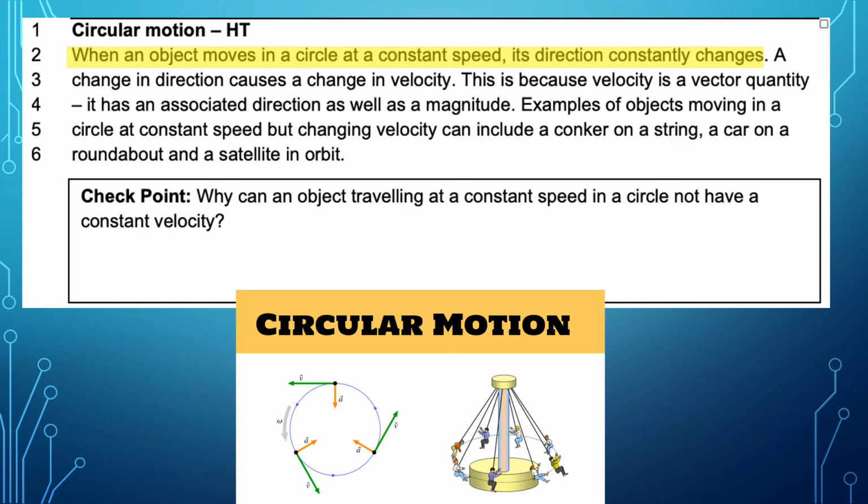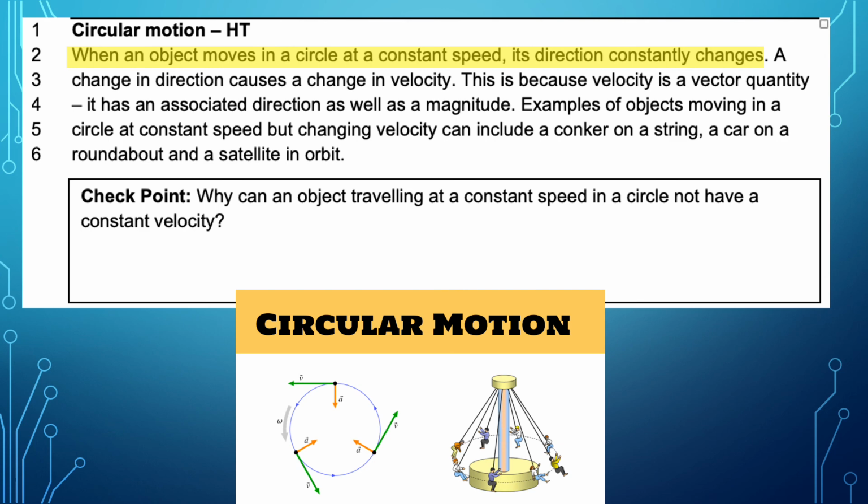Examples of objects moving in a circle at constant speed but changing velocity can include a conker on a string, a car on a roundabout, and a satellite in orbit. So that's probably the most common one that you're going to see, which is orbiting. But like I said, this is almost A-level physics, and once you actually understand the physics behind what keeps something in circular motion, like centripetal force, it does get a little bit more understandable.